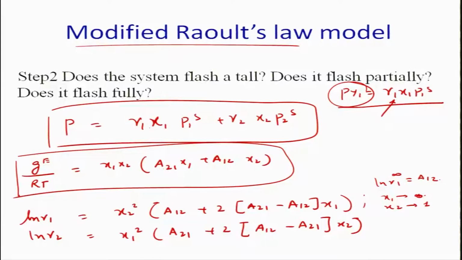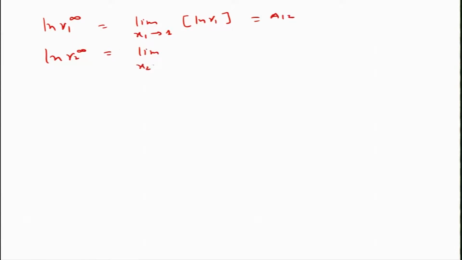In other words, we are saying that ln gamma 1 infinity is the limit as x1 goes to 0 of ln gamma 1, which is nothing but A12, and ln gamma 2 infinity is the limit as x2 goes to 0 of ln gamma 2, which is A21, and this information is already given.